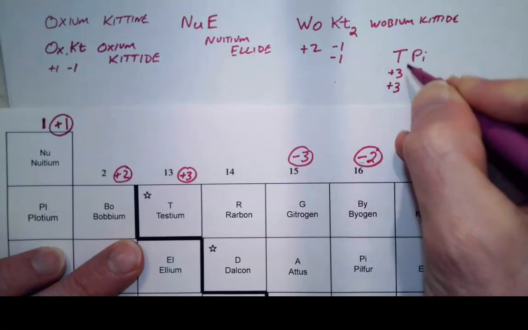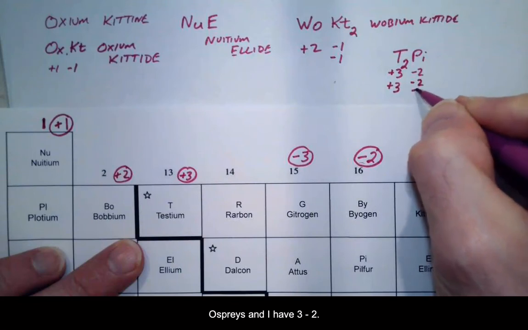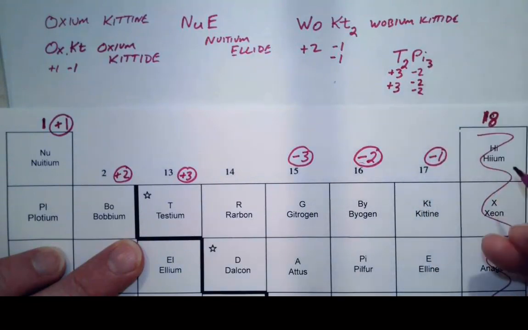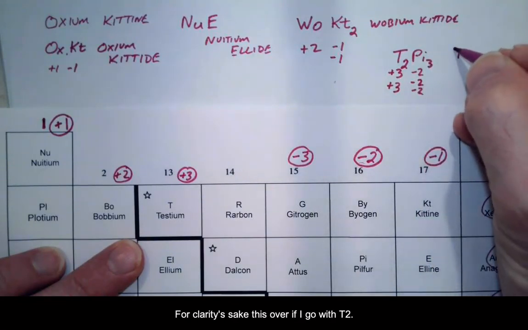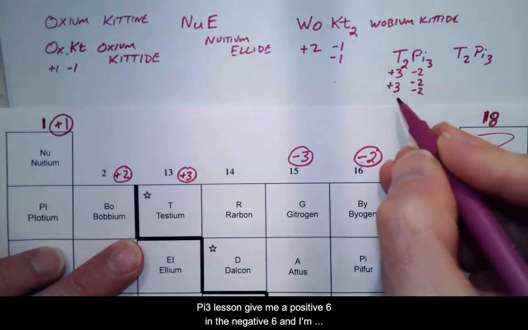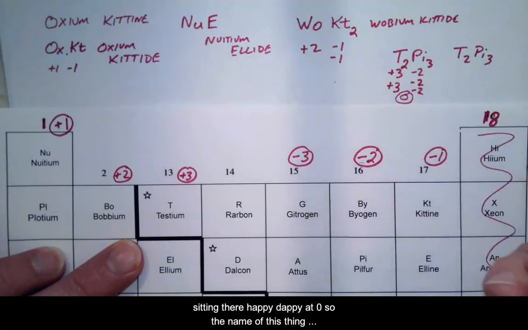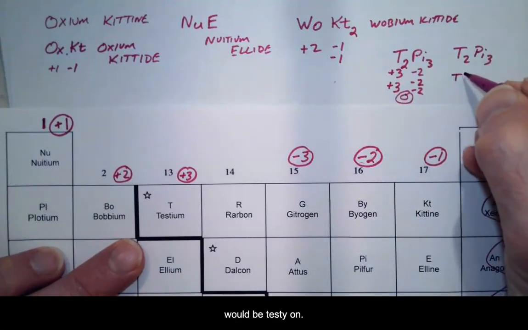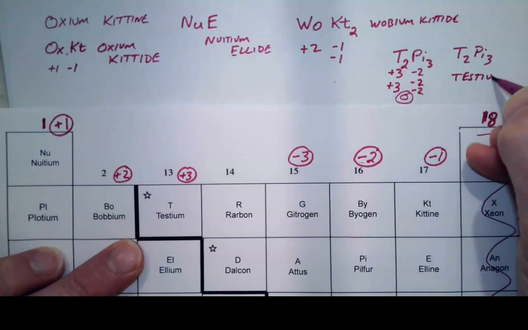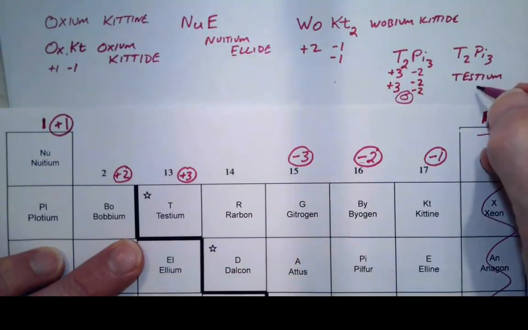Well, if I have 2 +3s and I have 3 -2s, so for clarity's sake, let me move this over. If I go with T2, Pi3, that's going to give me a +6 and a -6, and I'm sitting there happy dappy at 0. And so the name of this thing would be testium pilfide.